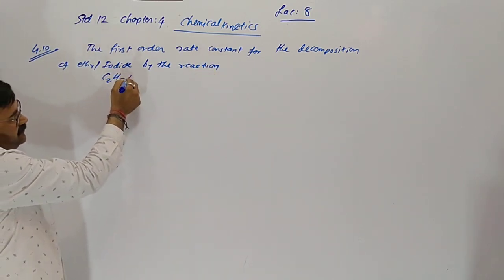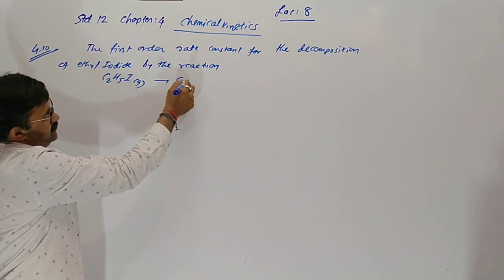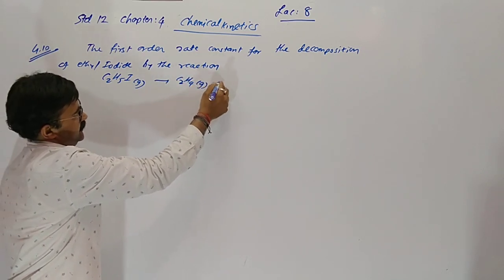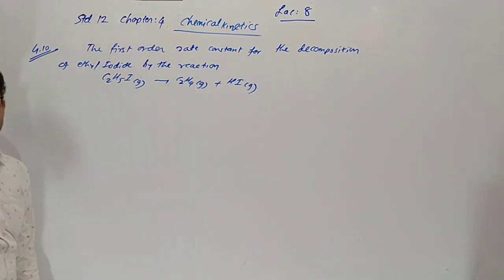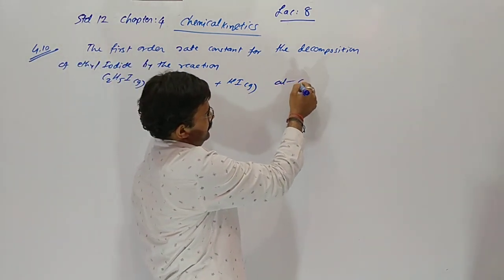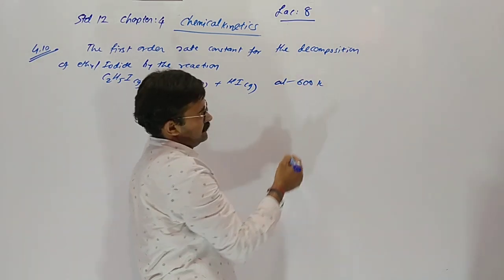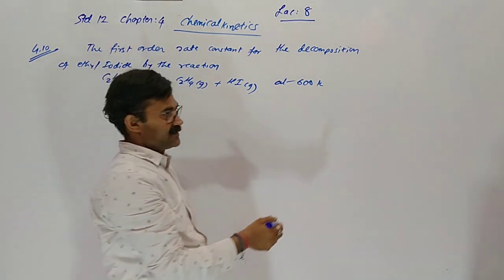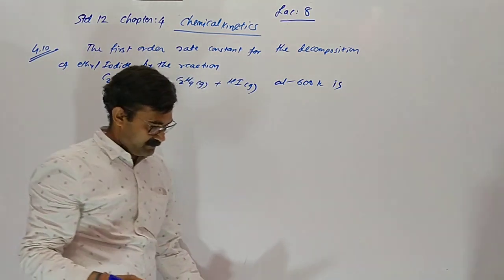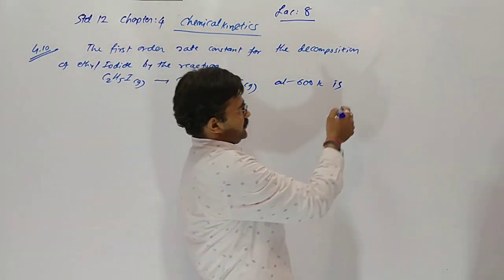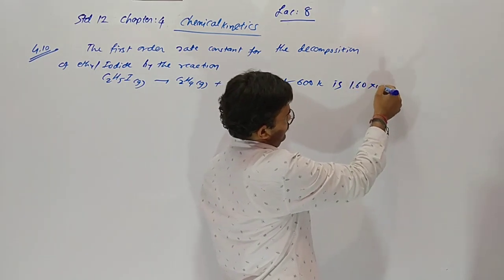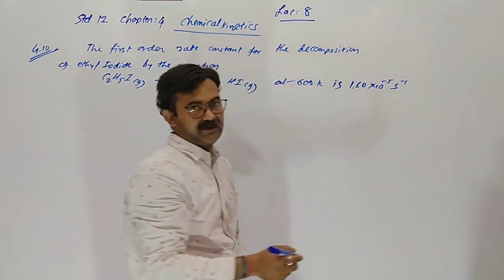C2H5I gas gives C2H4 gas plus HI gas at 600 Kelvin is 1.60 into 10 raised to minus 5 second inverse.